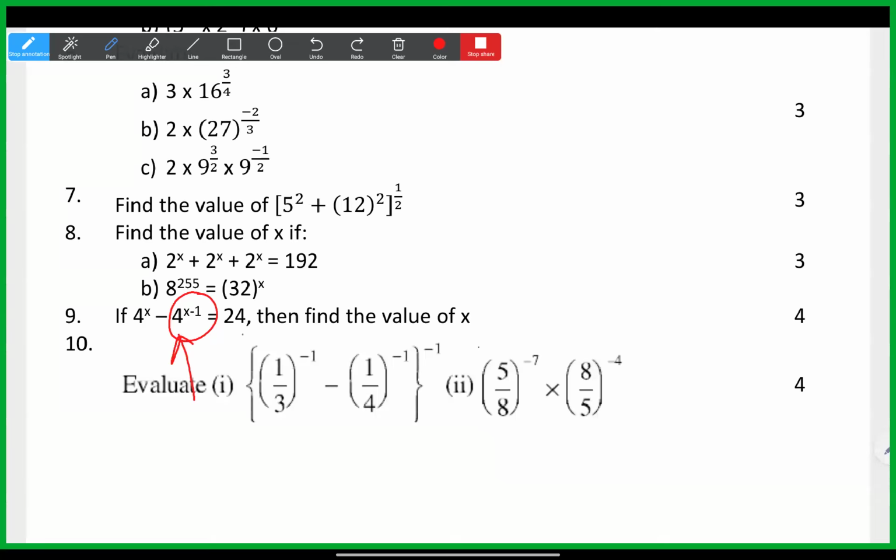So we'll write it as a power m by a power n. If I write like that, it is 4 power x minus 1. Can you tell, a power m by a power n, what do I have to write for this?